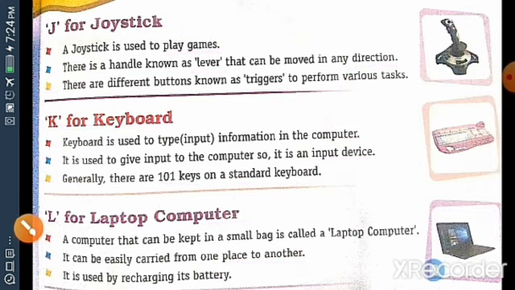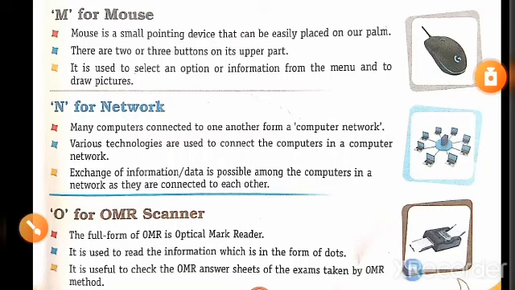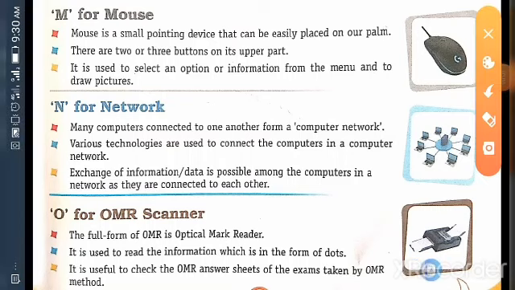Okay, now next student, our next alphabet is M for mouse. Okay, first one, mouse is a small pointing device that can be easily placed on our palm.